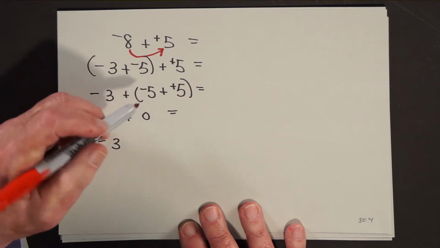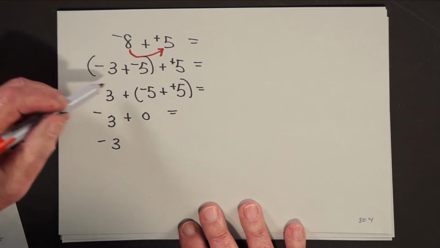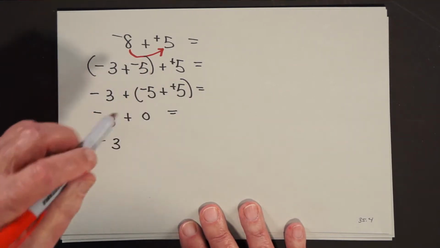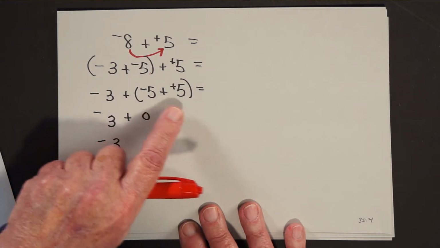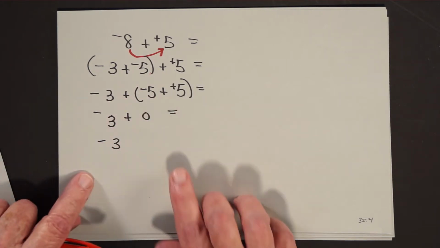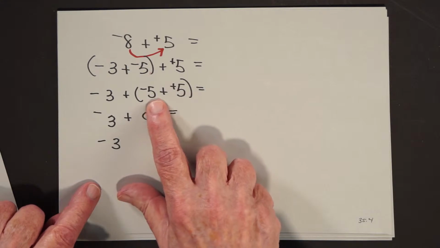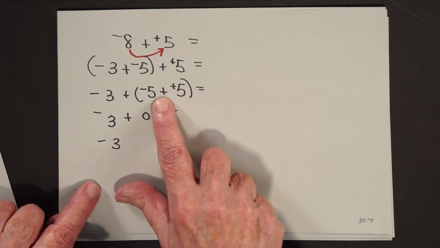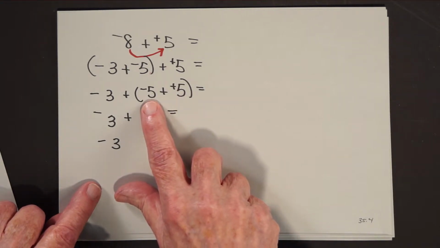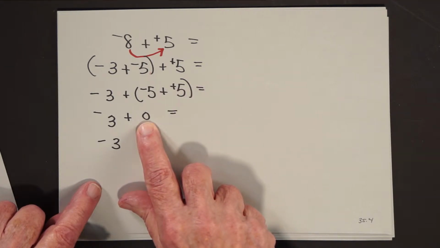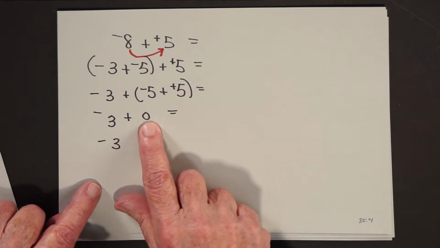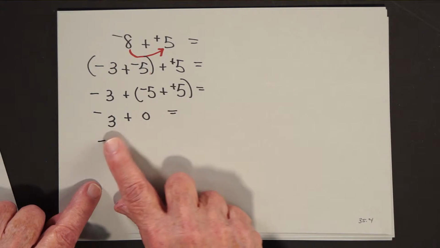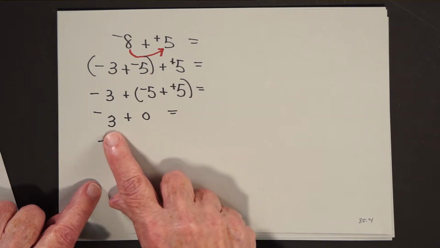Now by the associative property, I can regroup the parentheses so that they enclose the -5 and the +5. Now I invoke the rule of the additive inverse, the opposite rule, that -5 plus +5 is 0. -3 plus 0, what's the 0 property? It doesn't change anything when you add it to a number.